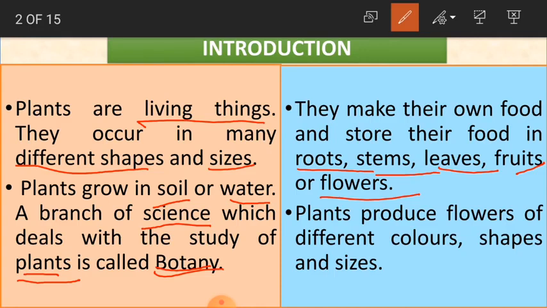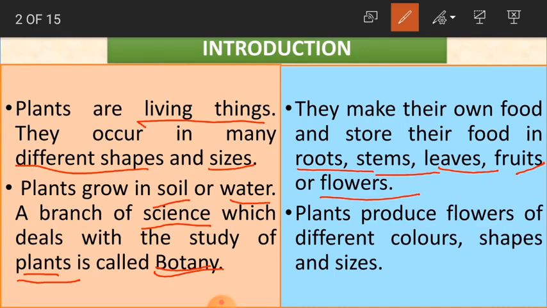They store it in their roots, stems, leaves, fruits or flowers. So you have different types of plants. I said some plants give us fruits, some plants give us flowers, but every plant has roots, stems and leaves. So in all these parts they store their food.